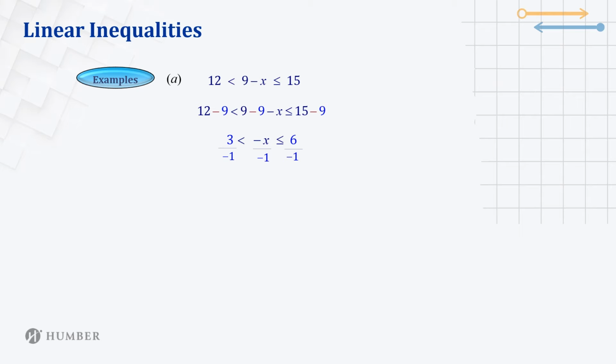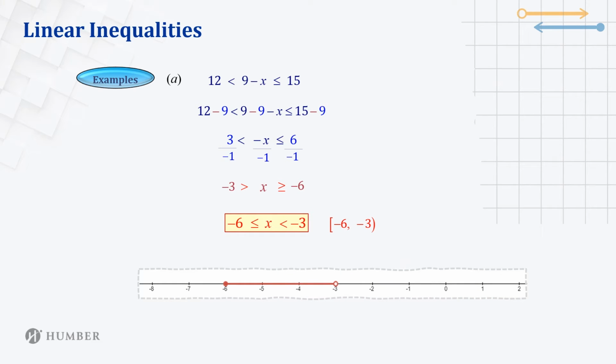Again, since we divided by negative number, we need to change the direction of each inequality symbol. We now have the final answer as shown. Again, this is a graphical representation of our solution.